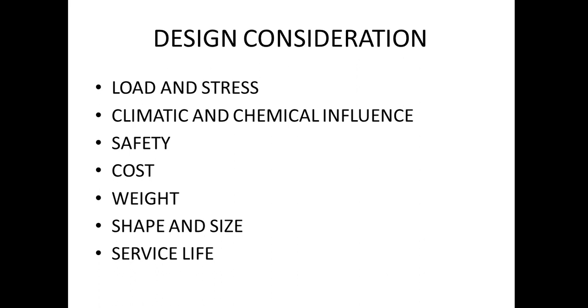Now we will consider the next topic, that is the climatic and chemical influence. As you are aware, material undergoes chemical changes with climatic changes. We are aware that ferrous materials such as iron, steel, and cast iron go through chemical changes and climatic changes, and certain metals also.